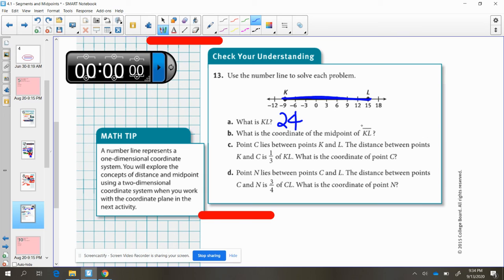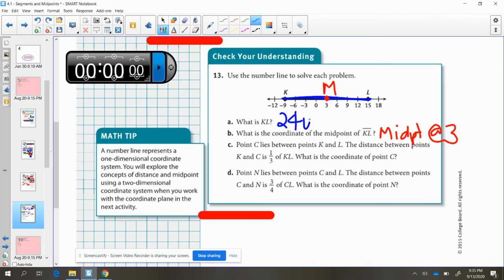The coordinate of the midpoint then is halfway between K and L, half of the total distance, which is 12 units. So we need to move from -9 to 0 plus 3 more to get that midpoint, which we'll call M, located at 3. So the midpoint is at 3 on the number line.